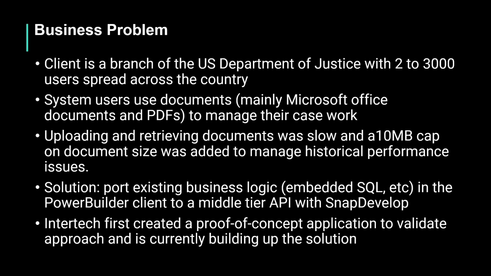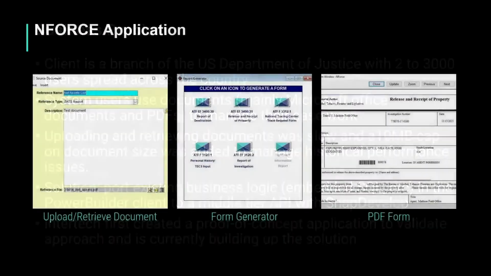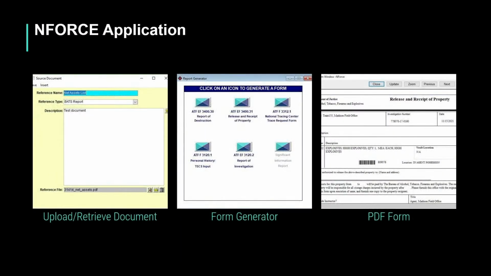We're getting close to using this POC to show to the client, get their sign off, and then do a full implementation after that. These are some screenshots from their legacy application.